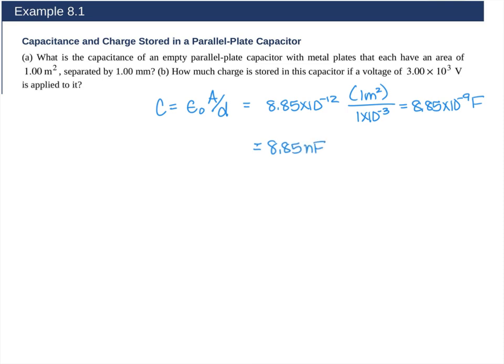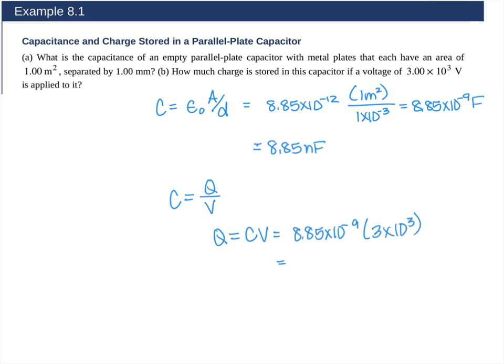In part B, we want to know how much charge is stored in this capacitor. If it has a voltage of 3 times 10 to the third volts, that's 3,000 volts. That's going to use a different expression for capacitance, where we say Q over V. We can rearrange this, and Q is C times V. So we have 8.85 times 10 to the minus 9 times the 3 times 10 to the third.